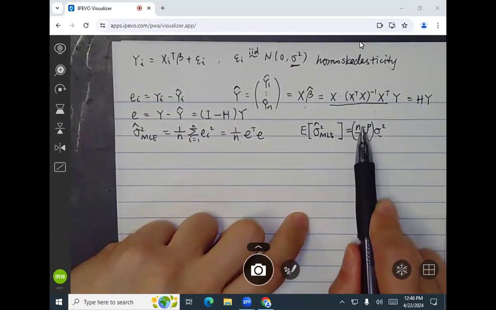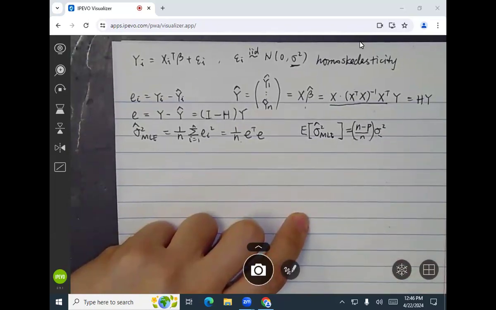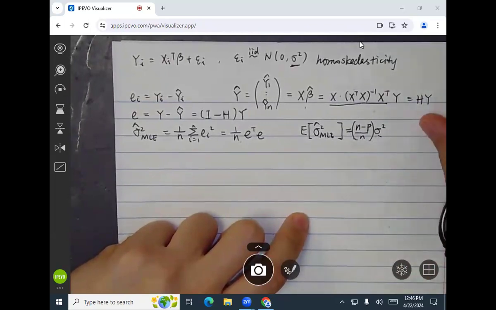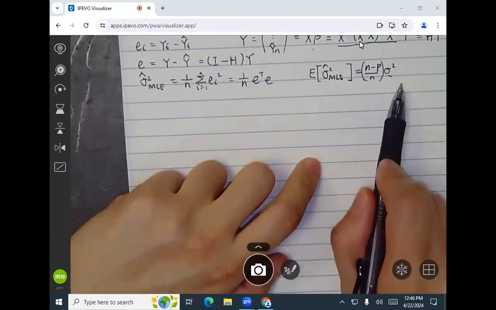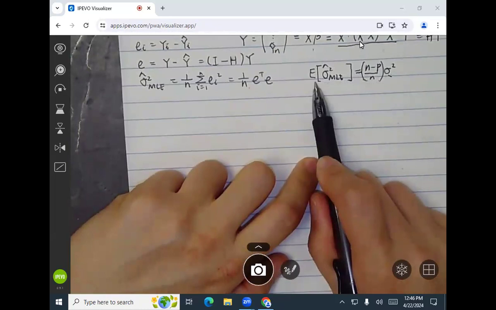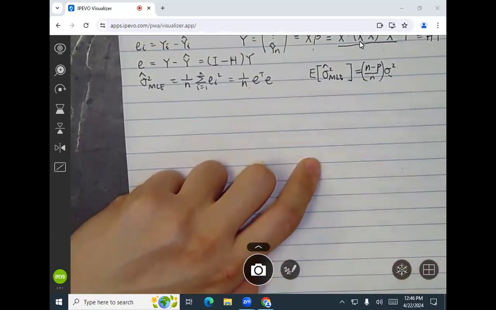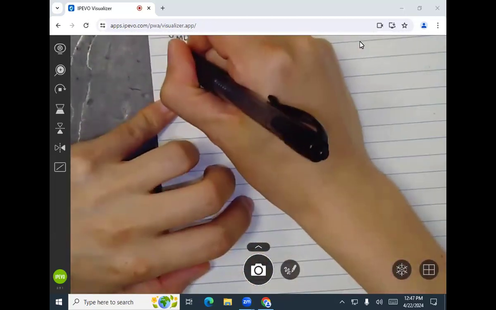But when n is not so big, especially when n and p are comparable in order, this term is not close to 1. Therefore, this bias needs to be corrected. Just like when we have the unbiased estimator for variance using a sample, we divide by n minus 1 instead of n to achieve unbiasedness. The same thing here: here is the unbiased estimator for sigma squared.